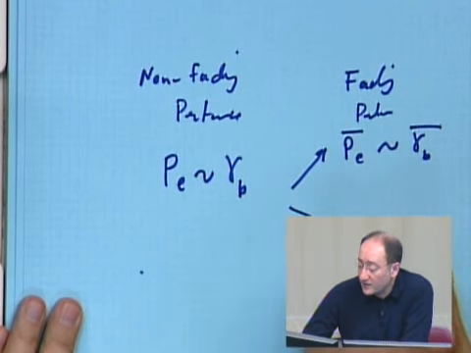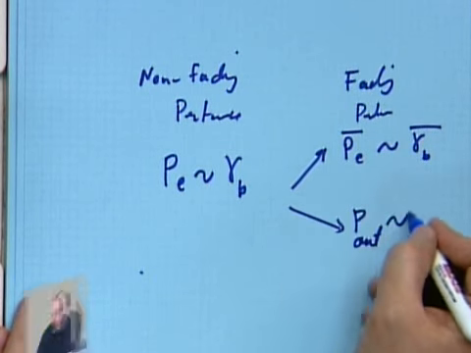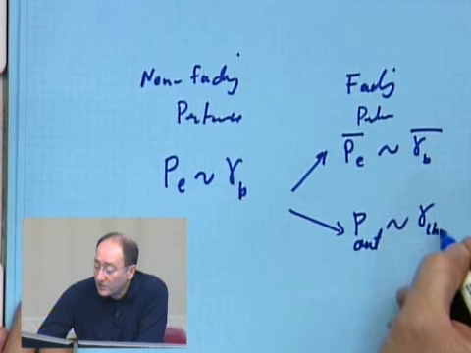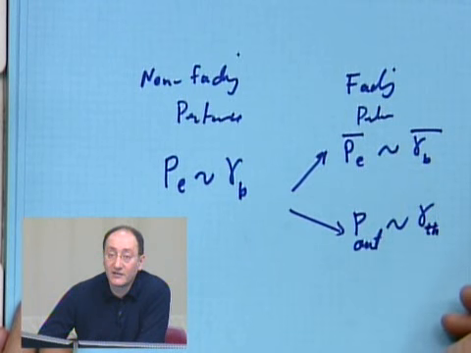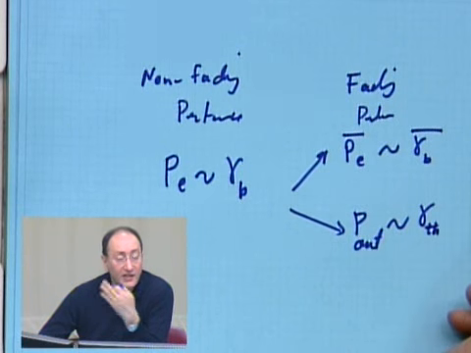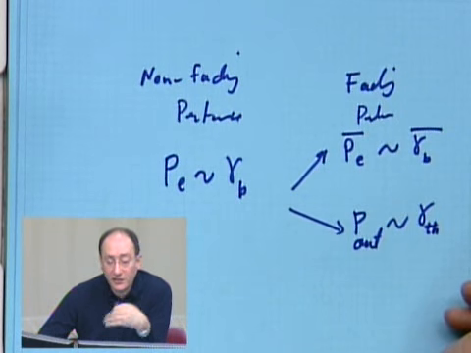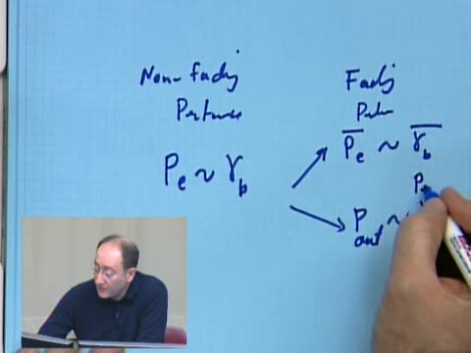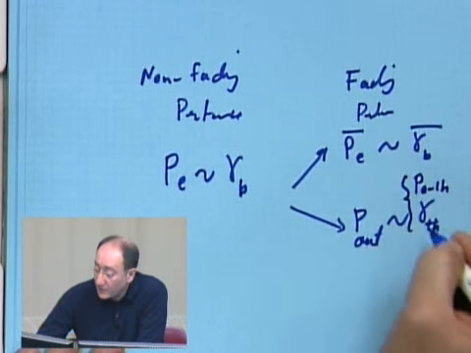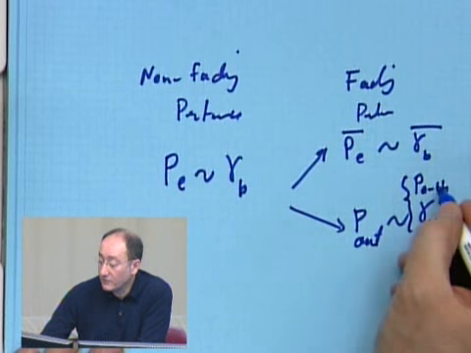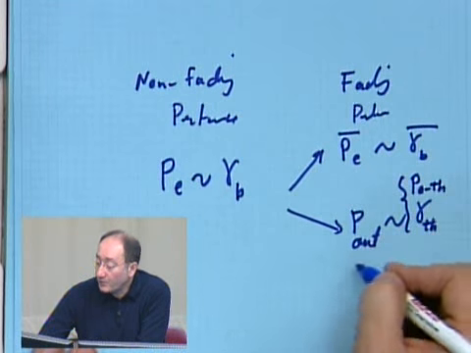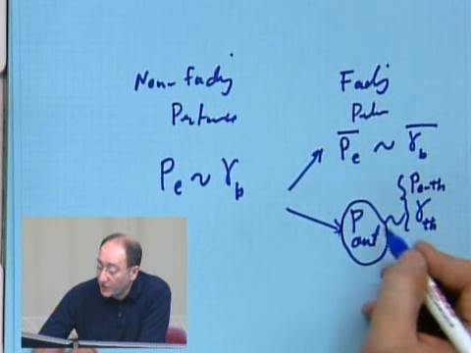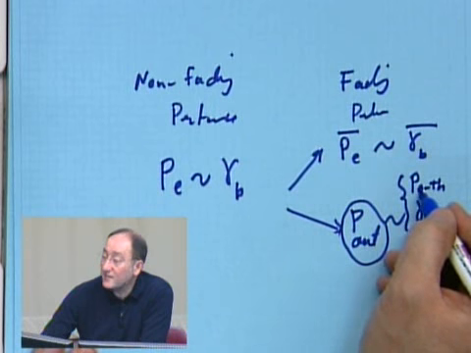The other one is the so-called probability of outage, which is also a function of the so-called threshold. Okay? So I have a threshold error rate. For that threshold error rate, P E threshold, I have a gamma threshold. And then probability of outage is probability of being worse than this situation.